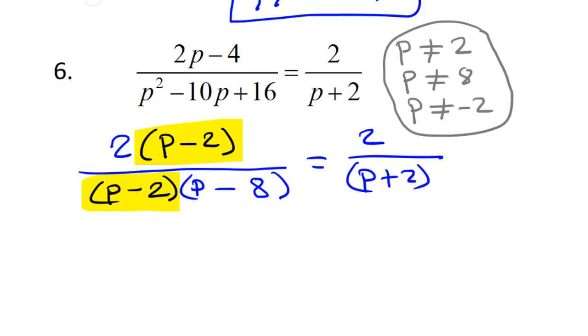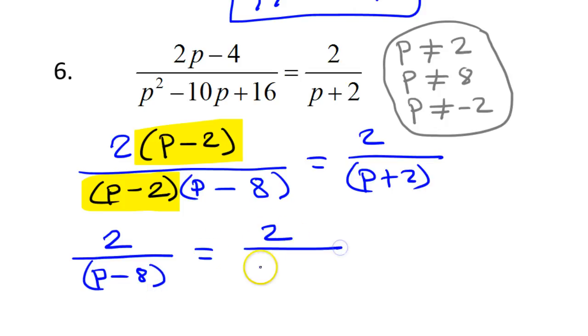Okay, so now that we've written that down, we can cancel out the p minus 2 factor. So that's going to give us 2 over p minus 8 is equal to 2 over p plus 2.